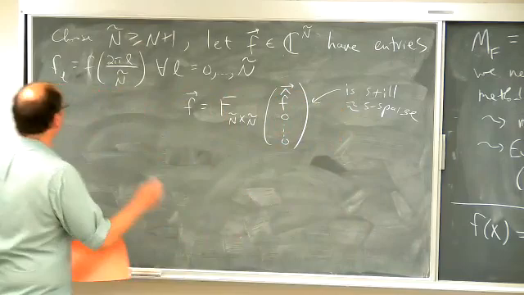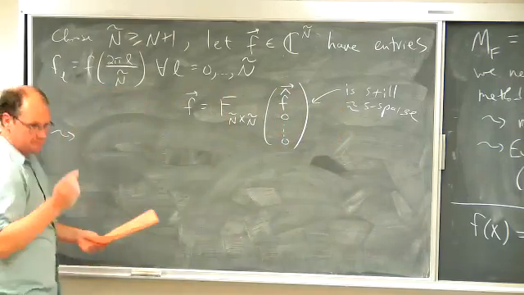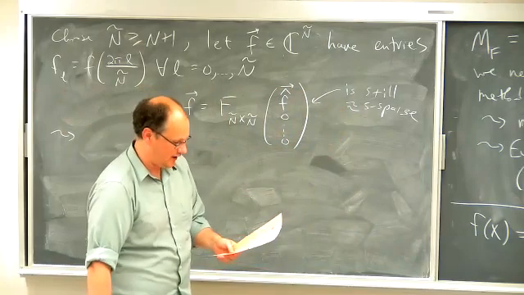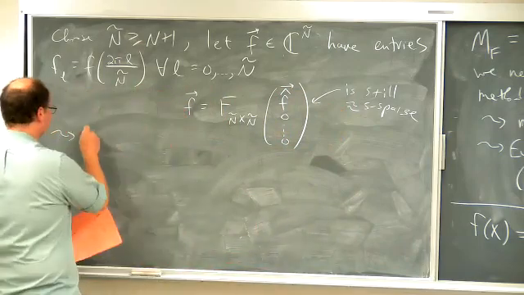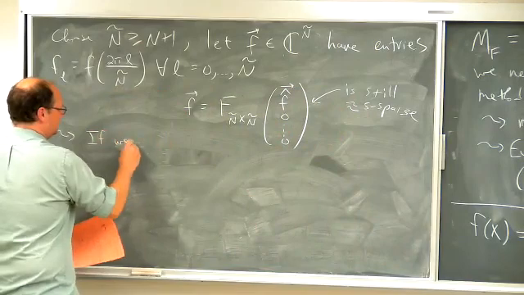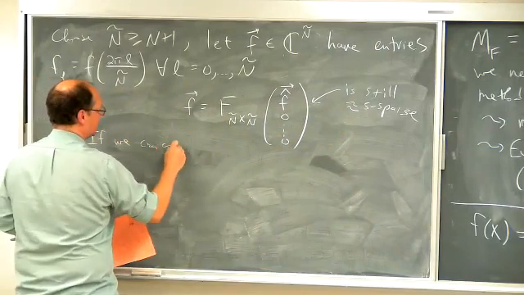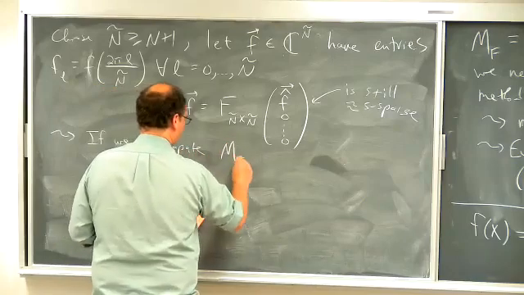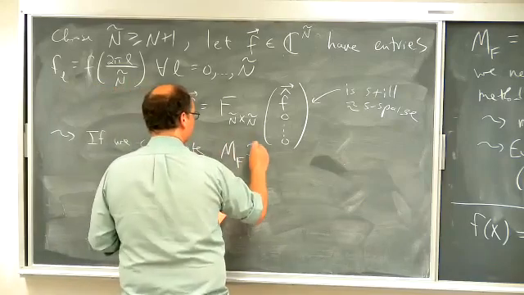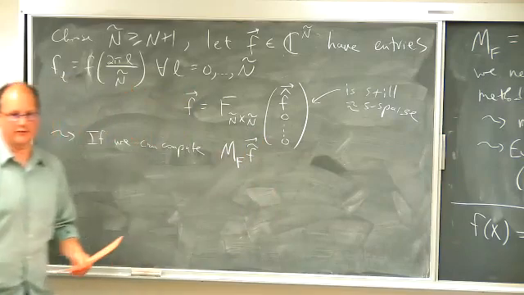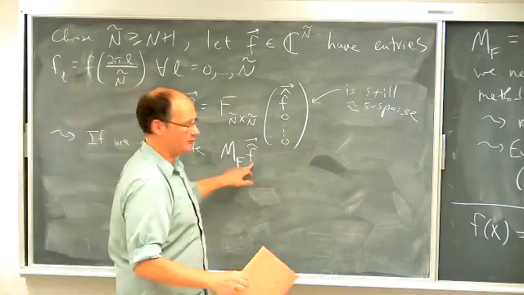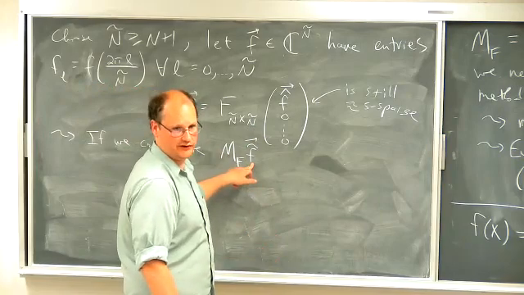So from what we did last class, if we can compute MF times the Fourier coefficients of the smaller vector, then we have a sublinear time algorithm for learning what this is, right?